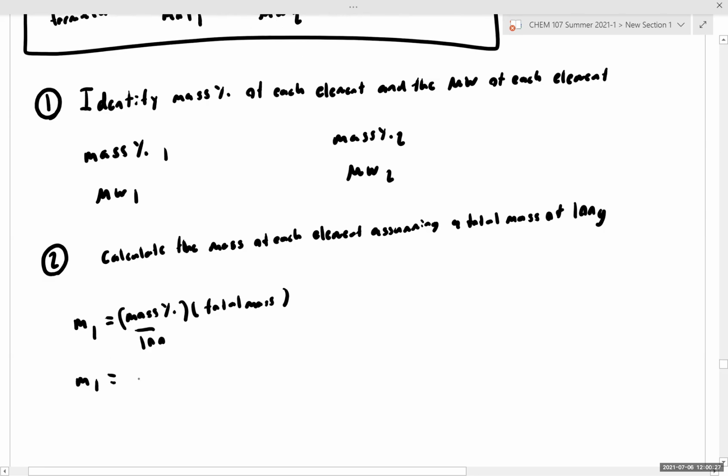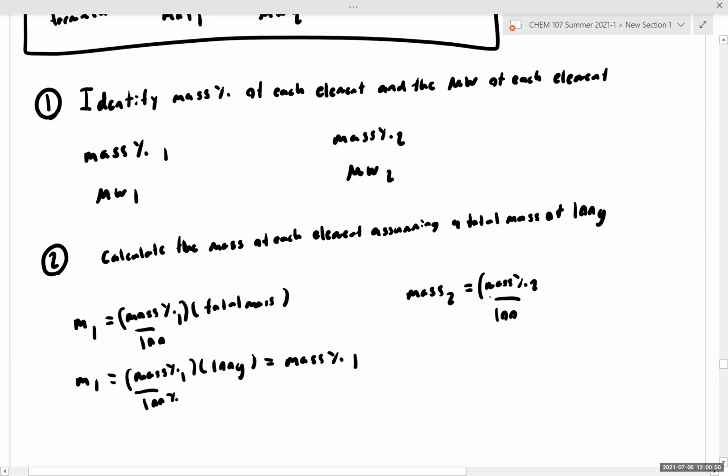Plugging in a total mass of 100 grams, we get the mass is going to be identical to the mass percentage. We can repeat this process for our second element. Again, we're solving for the mass of each element using the mass percentage and the total mass.